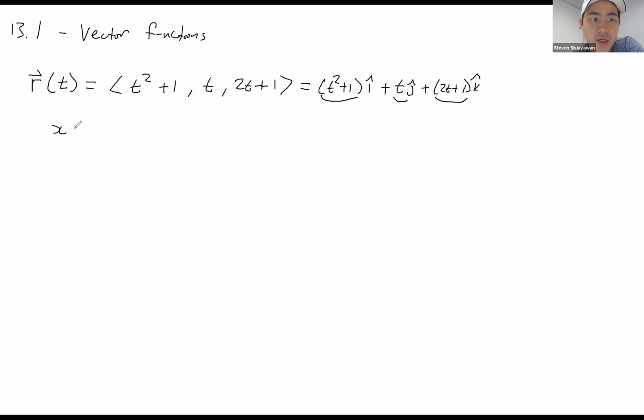So x is basically a function of t, y is another function of t, say g of t, and finally z is also another function of t, let's say h of t. Right, so this is a bit of a recap. Any questions off of vector functions? All right, perfect. Let's get straight to the questions then.